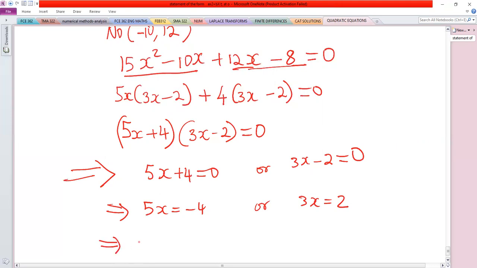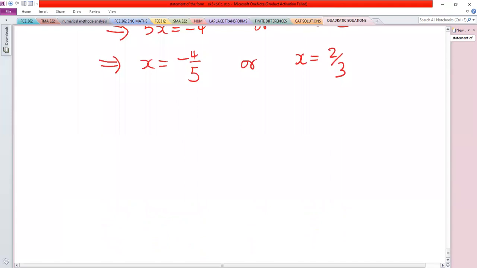This implies x equals to minus 4 over 5, or x equals to 2 over 3. So the solution to the given quadratic equation is x equals minus 4 over 5, or x equals to 2 over 3.